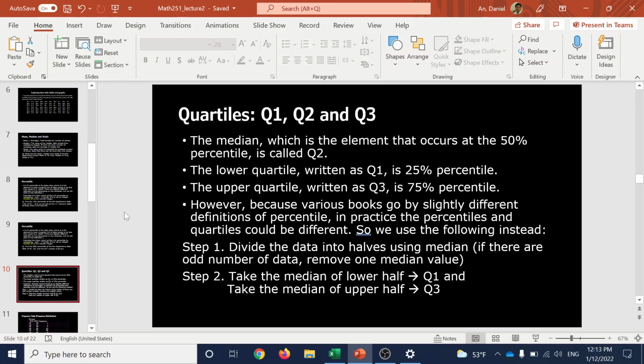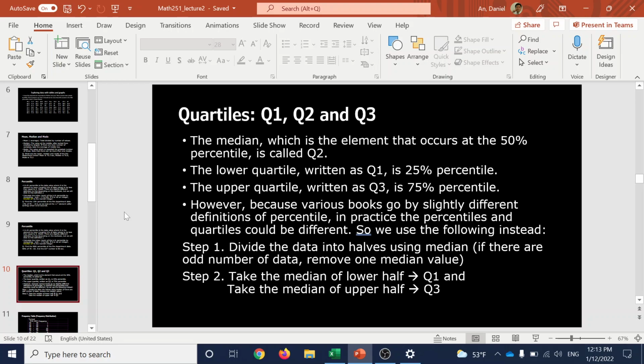All right, now let's talk about quartiles, Q1, Q2, and Q3. The median, which is the element that occurs around the 50th percentile, is called Q2. And quart means what? Quarter means 25%, right?